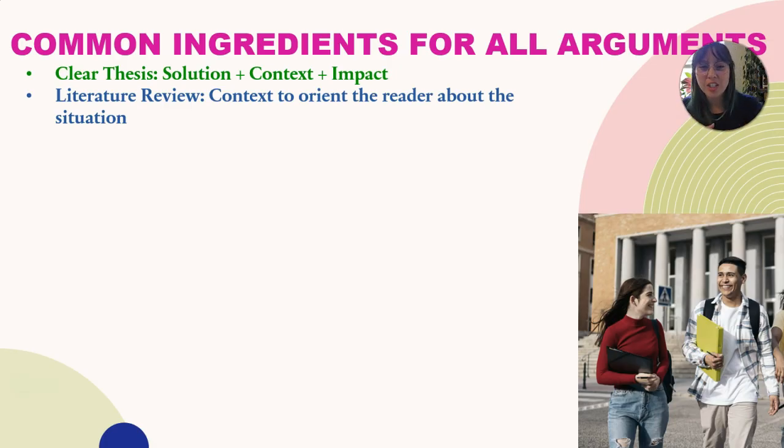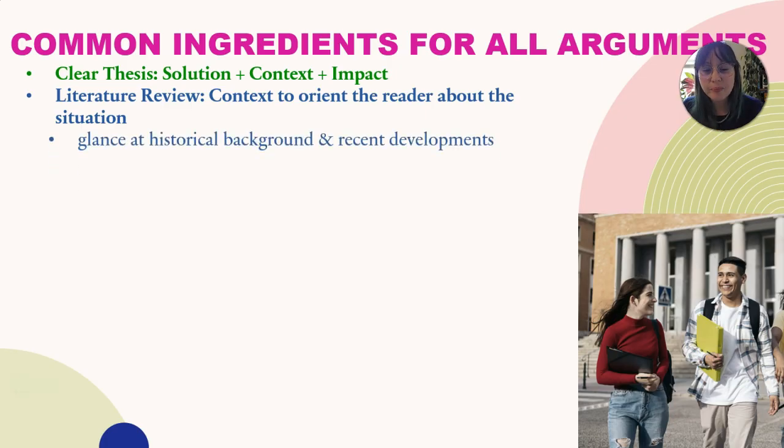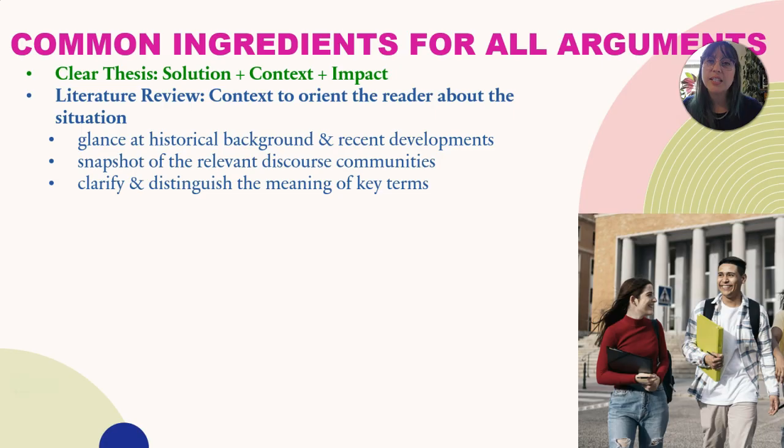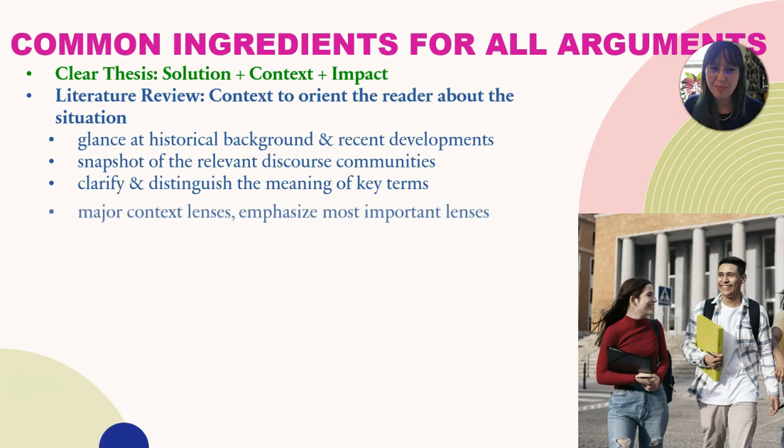But giving a literature review gives the reader a little bit of context about the situation. It helps us see the historical background and the recent developments, helps us see a snapshot of the discourse communities that are involved in this discussion, and helps us clarify and distinguish the meaning of key terms. So if we're going to be using key phrases in the argument, we need to understand up front what that really means.